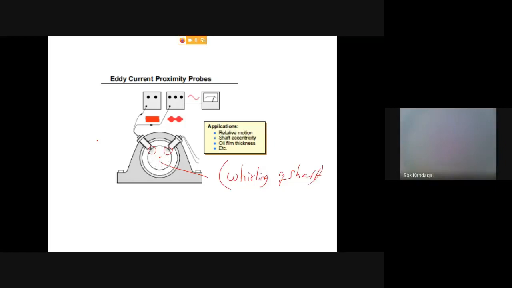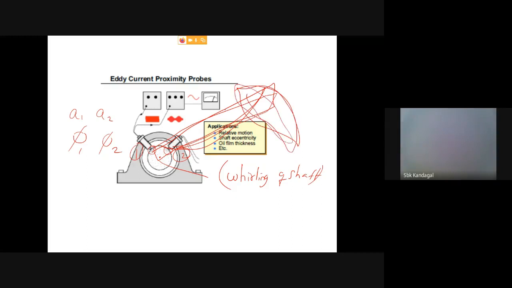The amplitude and phase, A1 and A2 at these locations 1 and 2, can be correlated to find out whether the shaft, let me draw a shaft here, is doing any wobbling. We have one more gear housing here. You can see whether this shaft is trying to wobble, with out of plane vibration, and this will be easily captured by these proximity probes. The whirling of shafts will be easily found from these eddy current proximity probes.